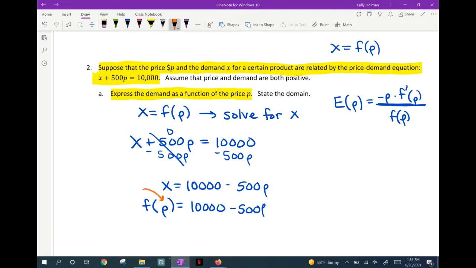This is telling me if I input price into this rule that we're going to calculate demand, right? That's going to be my output. Demand is a function of price here.